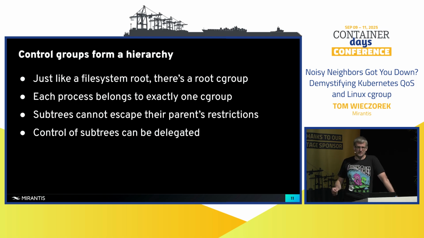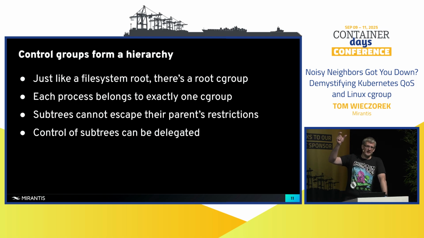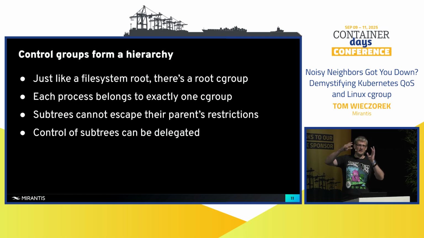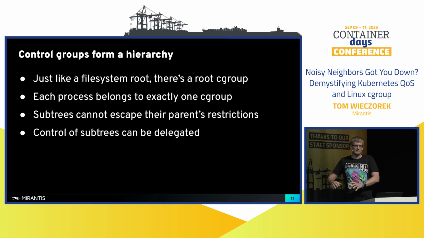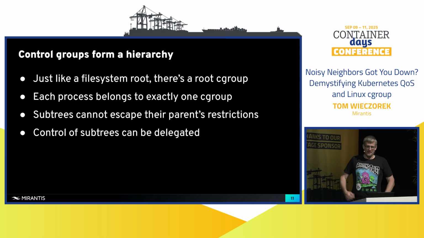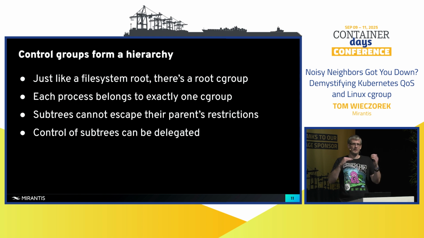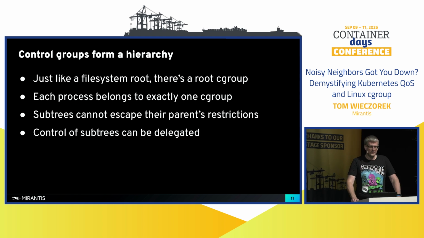It's the same with a cgroup. You can define certain settings on a parent cgroup, which confine all the child cgroups. The child cgroups cannot exceed the settings or limits set on the parent, and they are competing on a sibling level with each other.